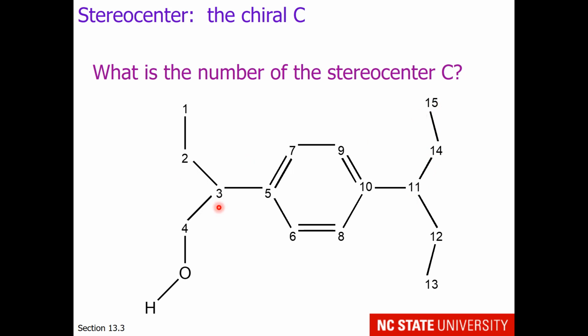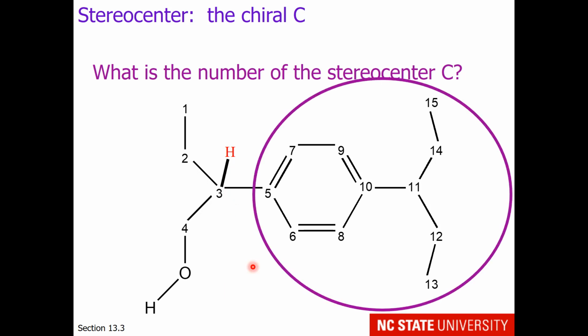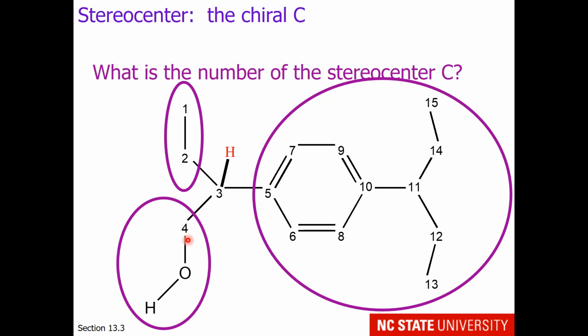It's carbon number 3 here. It has 3 bonds to it, so we need 1 hydrogen, and now we have 4 different groups. We have this substituted benzene, this ethyl group, and what's known as a methyl group, and of course a hydrogen. So 4 different groups around carbon.